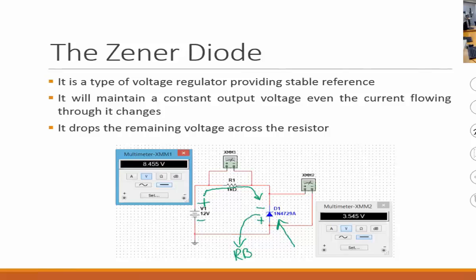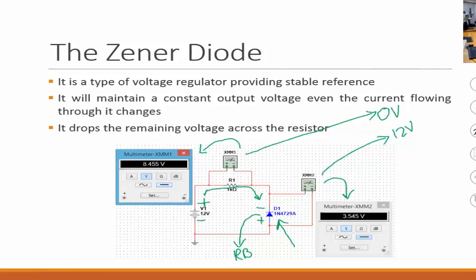But observe the voltage on the Zener is 3.545, and the voltage on the resistor is around 8.5, correct? If this were a traditional diode, what would this voltage be? The resistor would get 0 and the diode would get the source voltage, because traditional diodes block the current in reverse bias.